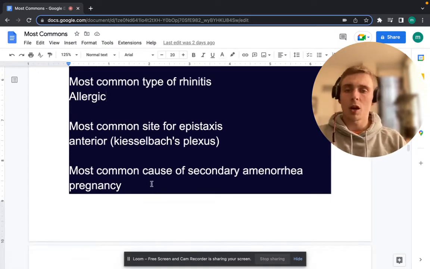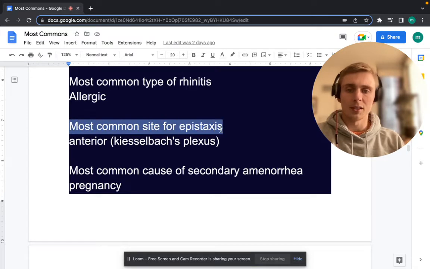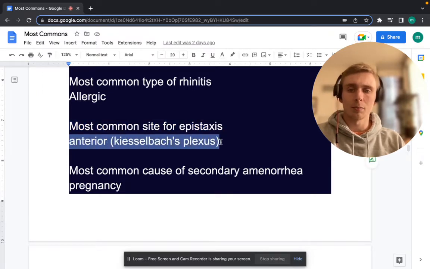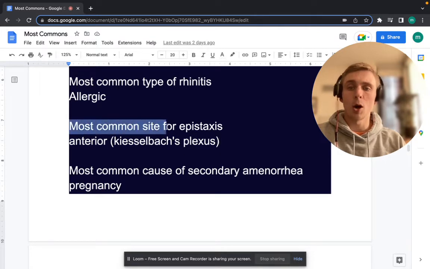And what is the most common site for epistaxis, so nosebleeds? The most common site for epistaxis, that's going to be the anterior portion of the nose, or Kesselbach's plexus. So Kesselbach's plexus, the most anterior portion of the nose. And also we should know what is the most common site for a posterior epistaxis.